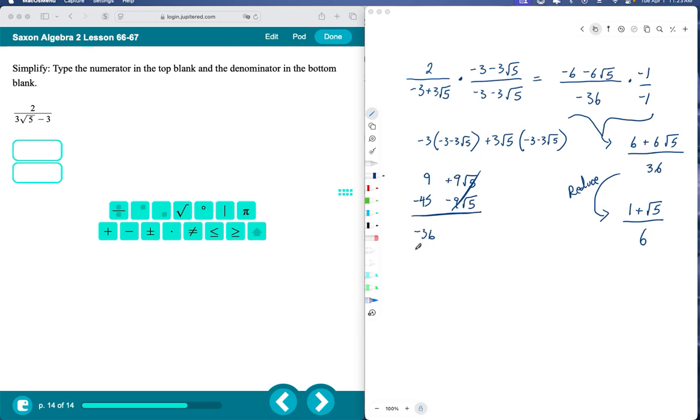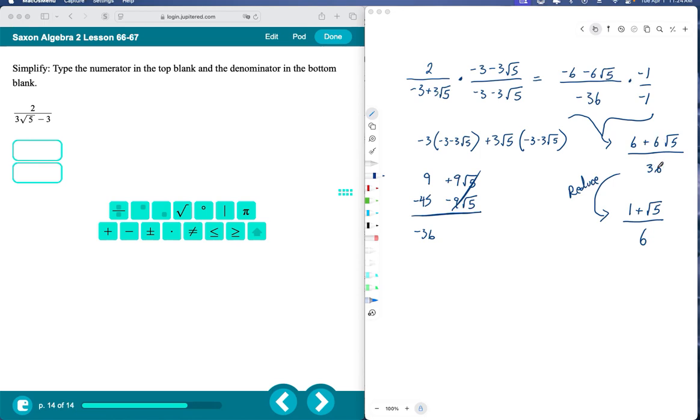Remember what I said a couple problems ago? If you have a negative denominator, we can't do that. So we multiply times a -1 over -1. Again, the value of 1. So it doesn't change the value of the problem, it just changed the form. That gave us 6 plus 6 times square root of 5 over 36. Looking at all of our whole numbers here, we see we have a factor of 6 in common.